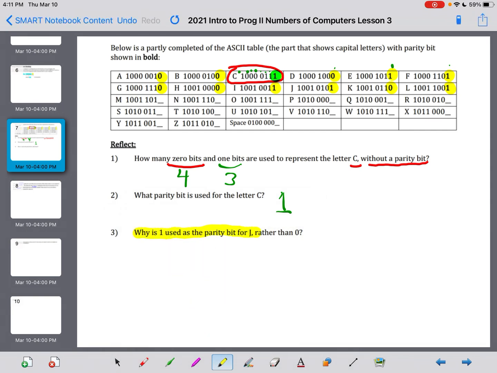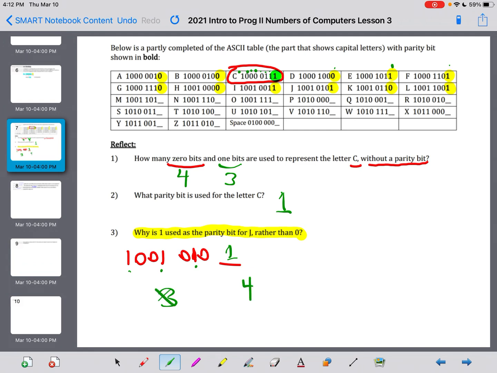why is 1 the parity bit for J rather than 0? Well, let's go ahead and take a look at J. J is 1, 0, 0, 1, 0, 1, 0, and then my parity bit. Well, if I count the ones, I have 3 of them. The parity bit needs to be a 1, so now I have 4 of them.